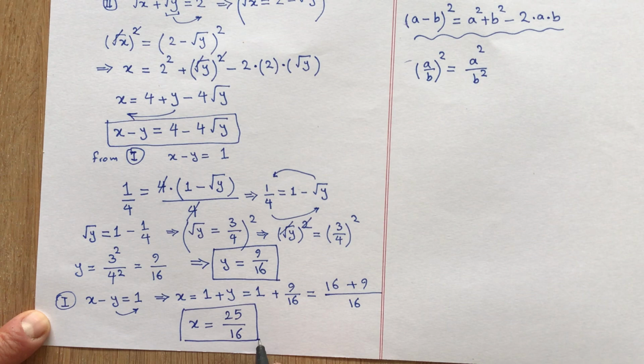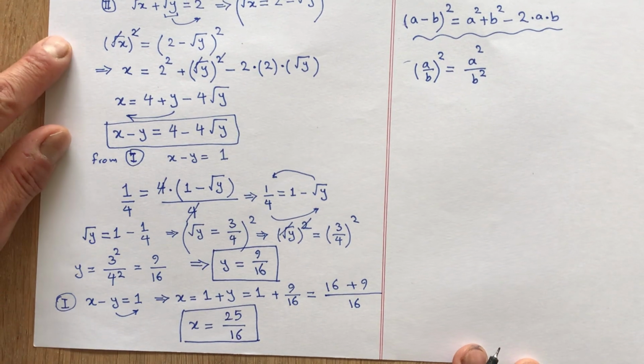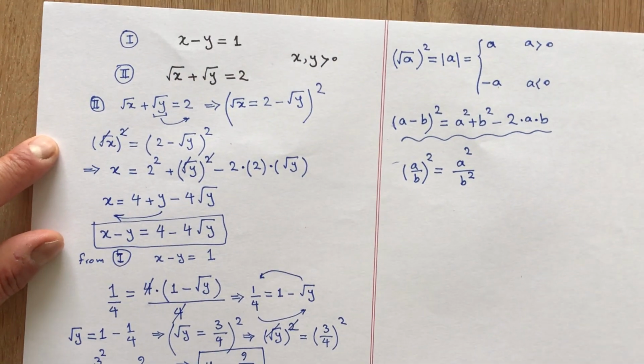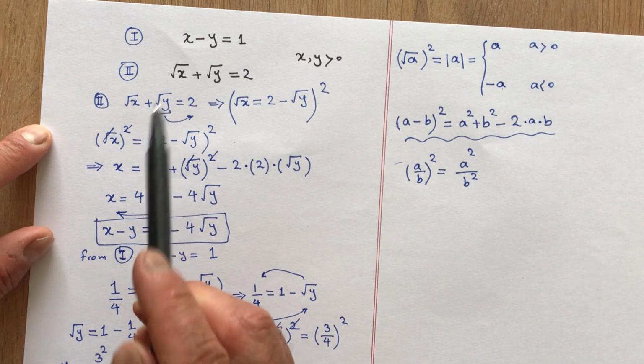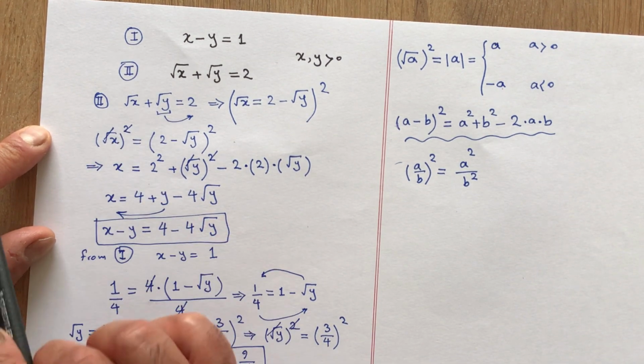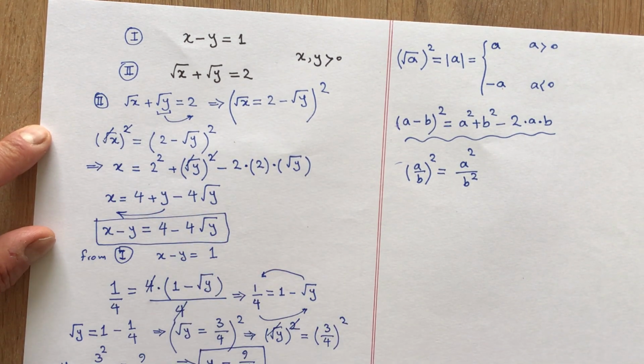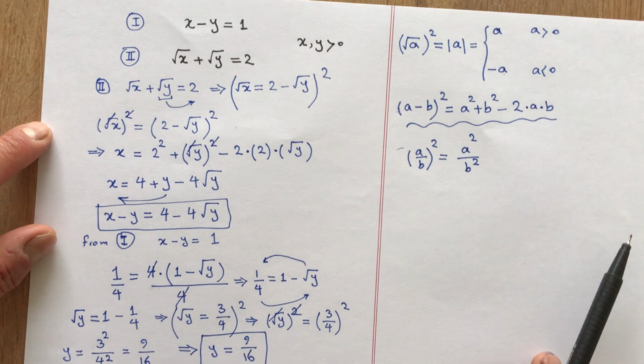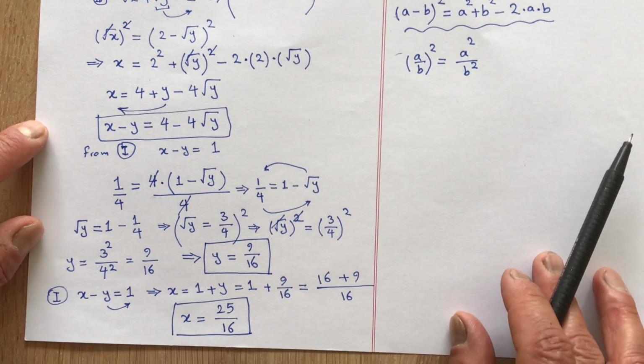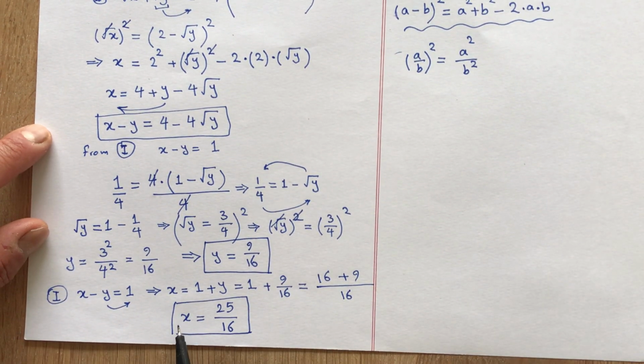So in our system of equations, stated back in the first equation and second equation, we solved it in this process, like here: x equals 25 over 16 and y equals 9 over 16.